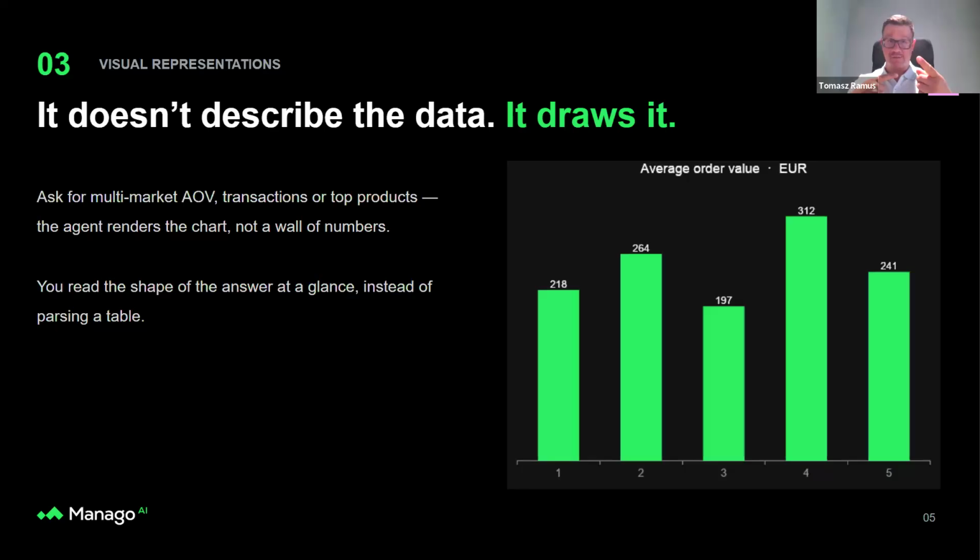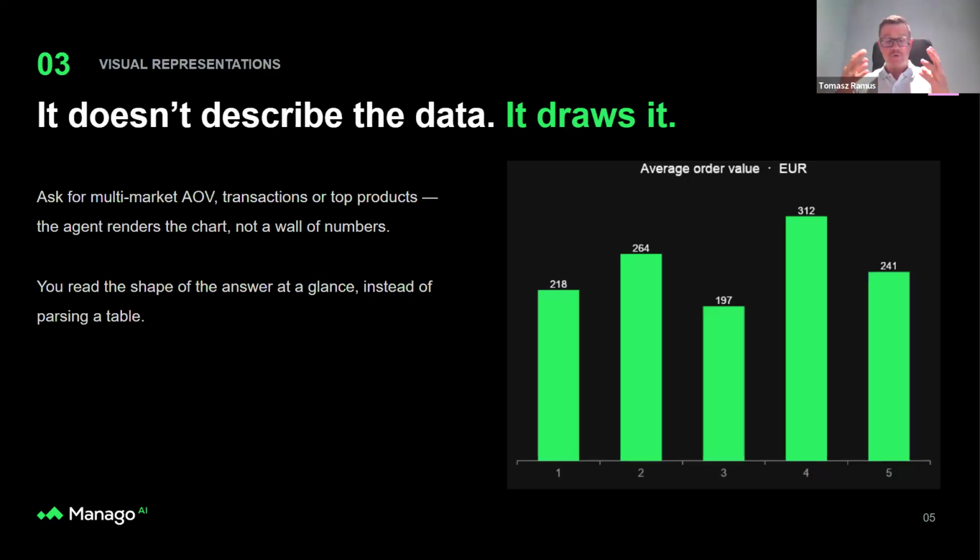And so we flipped the script on that one, and we've introduced the ability for the agent to actually talk in the visual language, right? It prefers to draw diagrams and present charts instead of throwing numbers around.